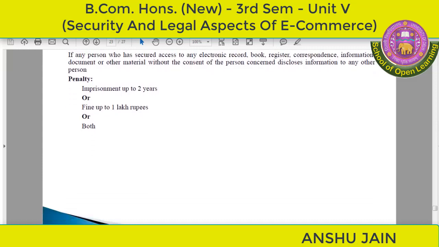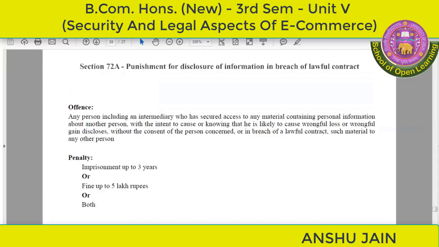Next we have section 72A. It's talking about the punishment for the disclosure of information in breach of lawful contract.